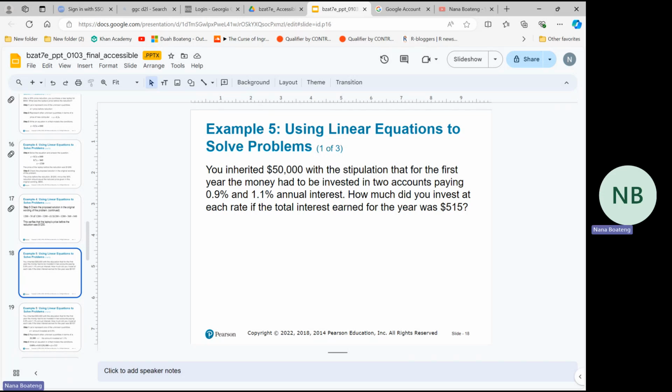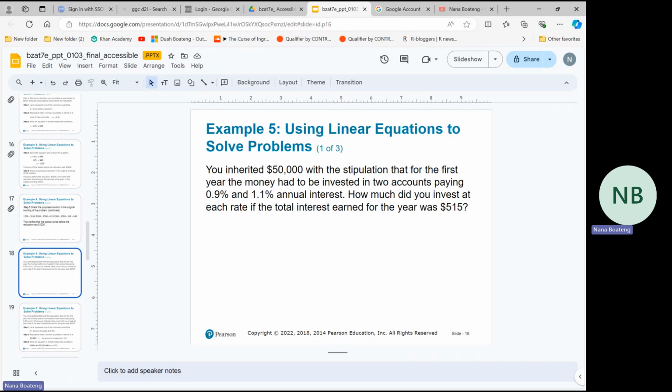So you must invest it in two accounts, one with an interest rate of 0.9% and the other with an interest rate of 1.1%.